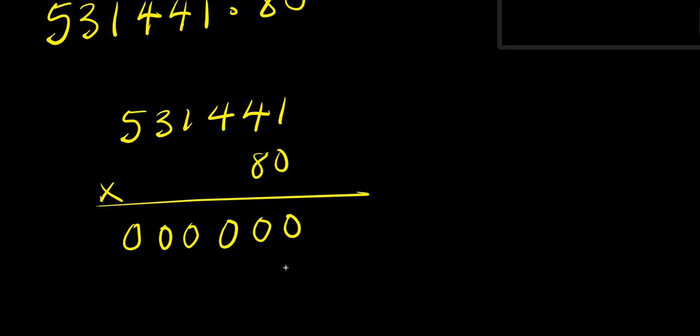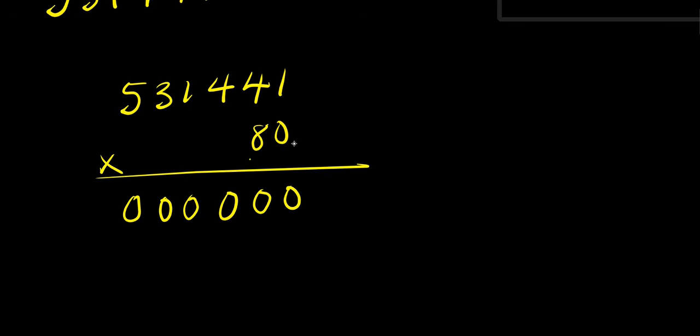Then we are going to multiply everything using 8. 8 times 1, 8. 8 times 4, 32, 2 carry over 3. 8 times 4 again, 32. 32 plus 3, 35. 5 carry over 3.